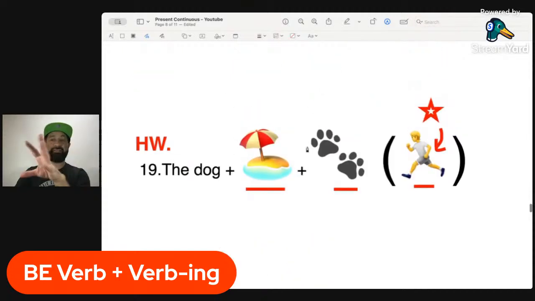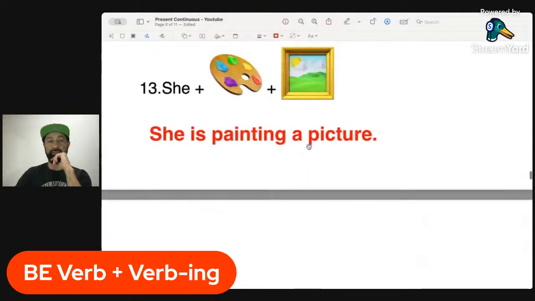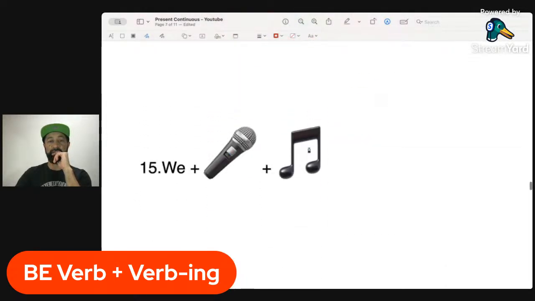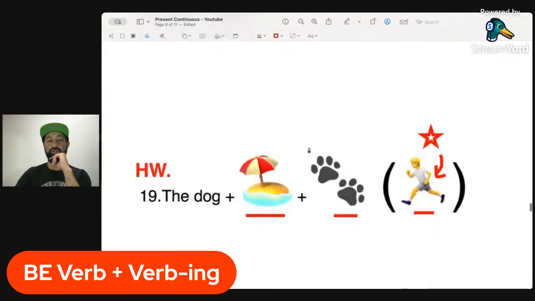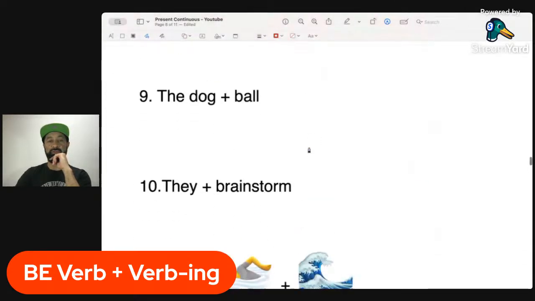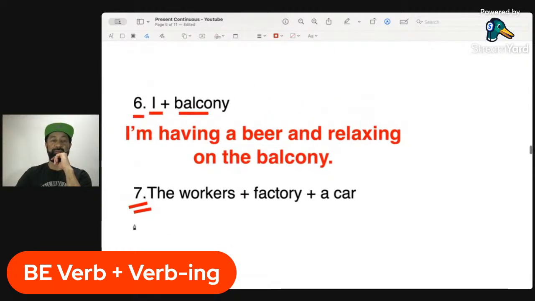Number 19 is for homework. And then if we go back up, which one did we choose? Number 7 is also for homework right here. I think number 7 is the most difficult.